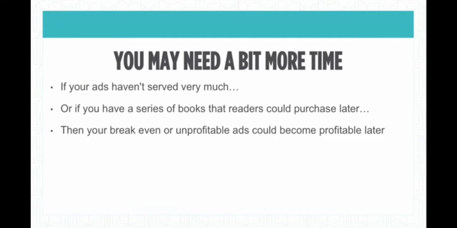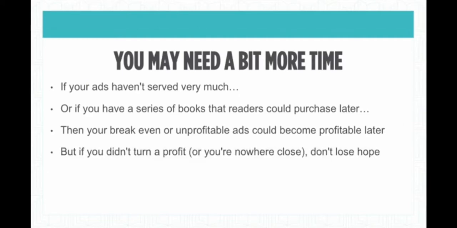Because you could have an ad that's unprofitable, or you could have an ad that's break even right now, and when people go on to read the future books, you could earn more money. Now, we're going to talk more about read-through during the Tuesday webinar, the How to Scale Up Your Amazon Ads webinar on Tuesday. So stay tuned for that.